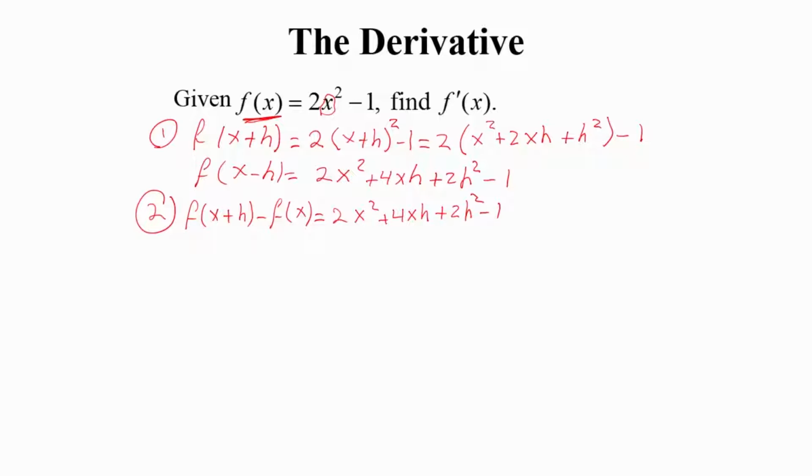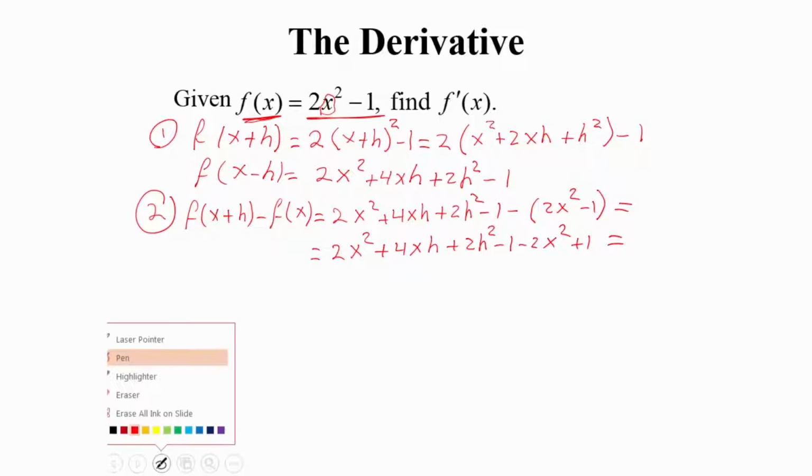F of x is this one up here, the original function. So minus 2x squared minus 1 equals 2x squared plus 4xh plus 2h squared minus 1, and now minus 2x squared plus 1.